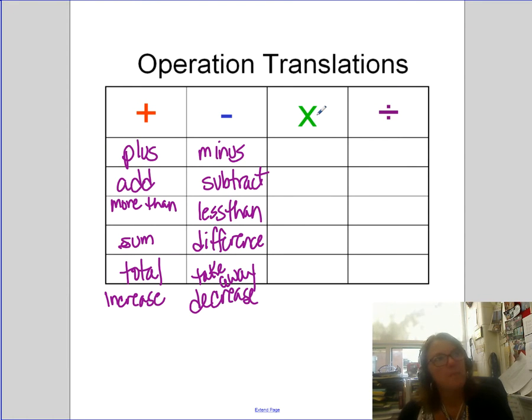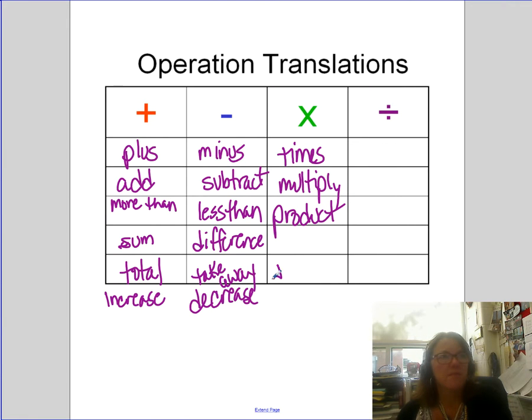Next column. If I just read that, you'd probably say times or multiply or product. Those are all good ones. For a specific type of multiplying, if you ever see the word double, double stands for multiplying by 2, so that's a specific multiplication one.